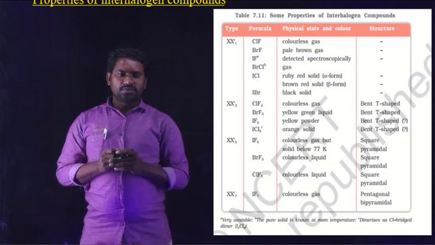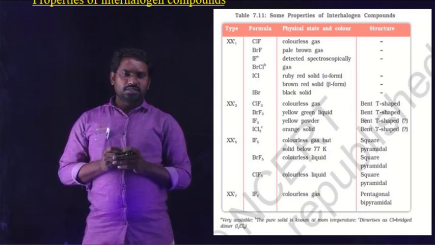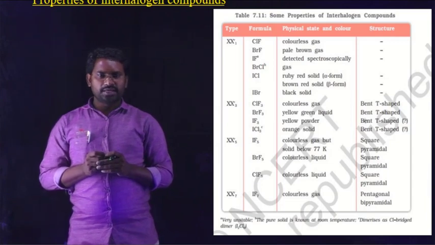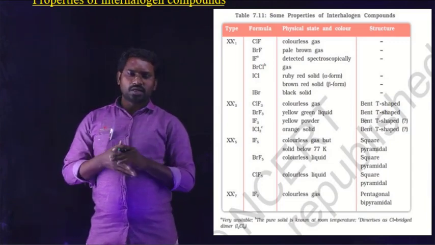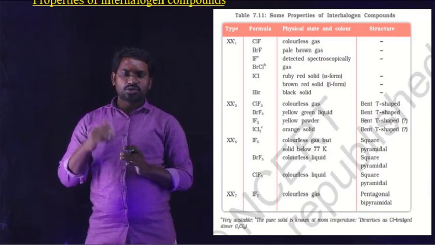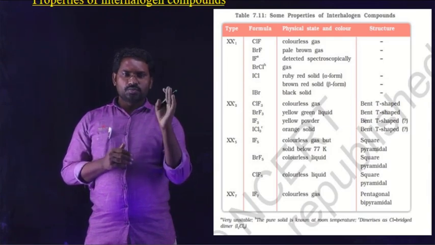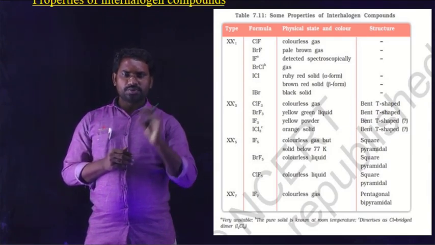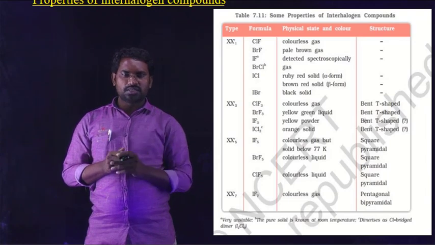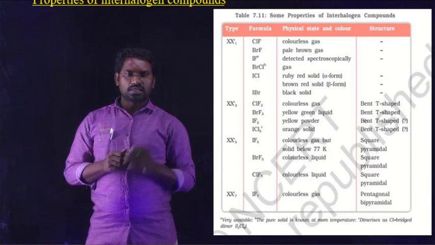Especially ClF exists as a gas at 298 K. All the remaining interhalogen compounds are either volatile solids or liquids. ClF is a colorless gas. BrF is a pale brown colored gas.